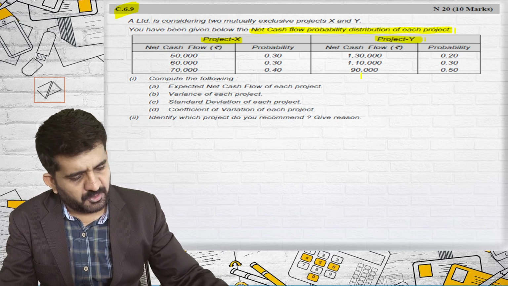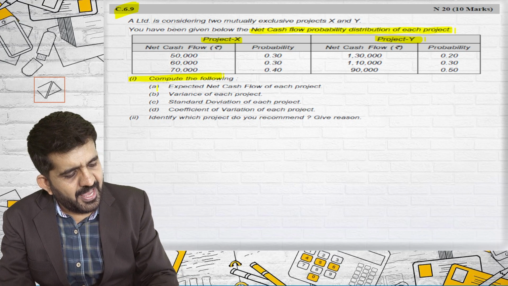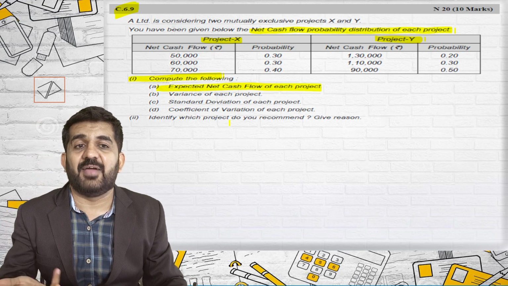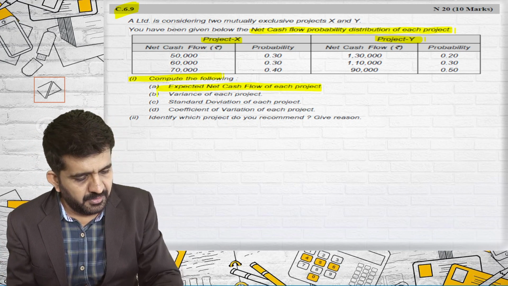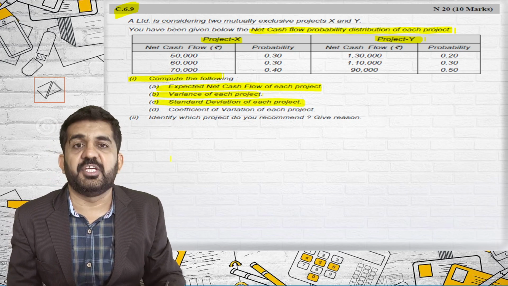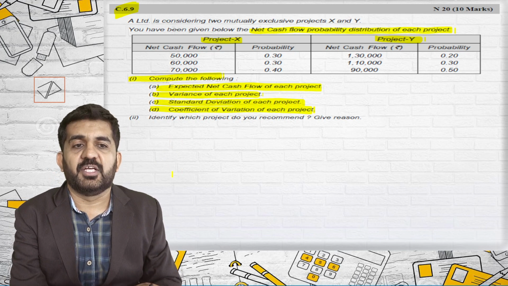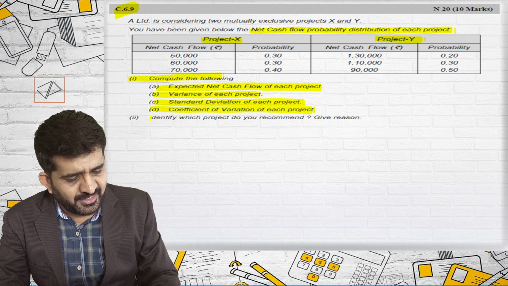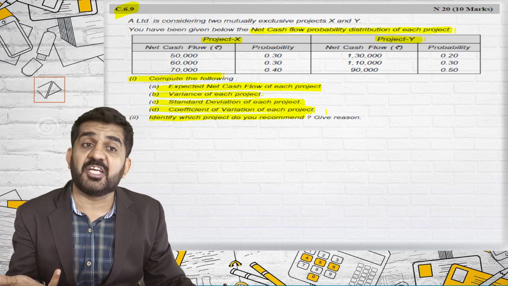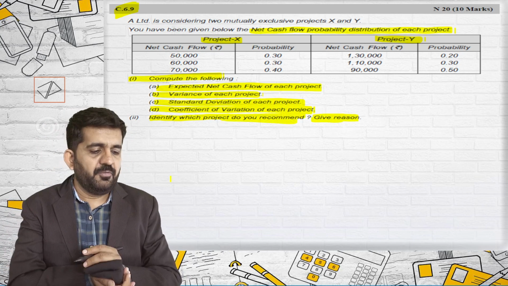Project X, Project Y. You are required to compute expected net cash flow of each project. Expected value, average is one and the same. Variance of each project, standard deviation of each project, coefficient of variance of each project. And then you need to identify which project you recommend. Only cash flows are given and they are telling us to give a recommendation. We will try it out.